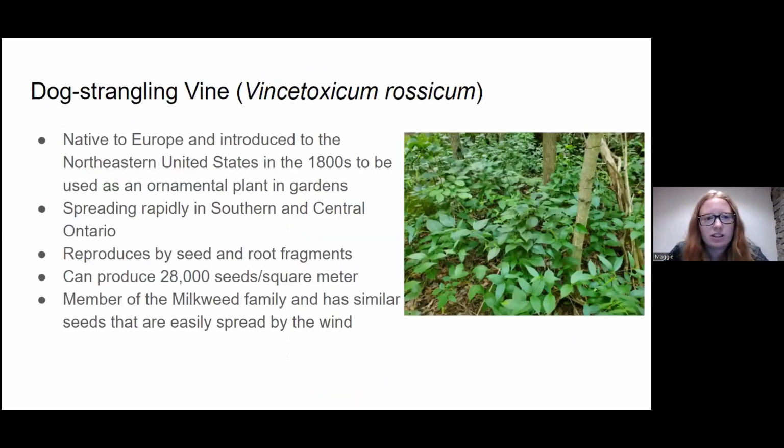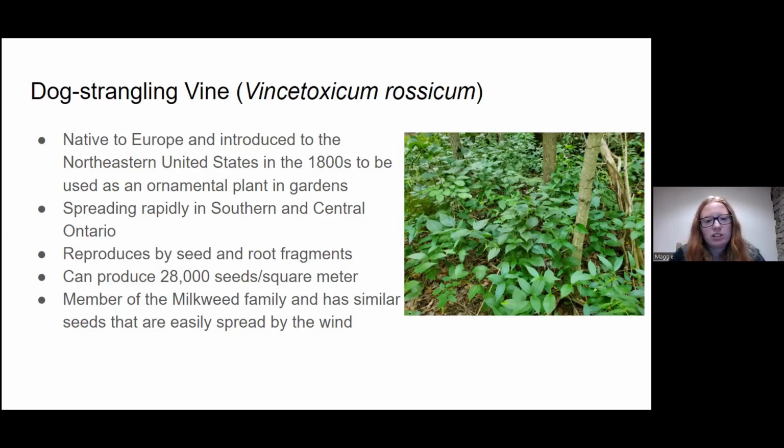The next invasive species that I'll talk about is dog strangling vine. So it's native to Europe, and it was introduced to the northeastern United States in the 1800s as an ornamental plant. It has rapidly spread throughout southern and central Ontario.